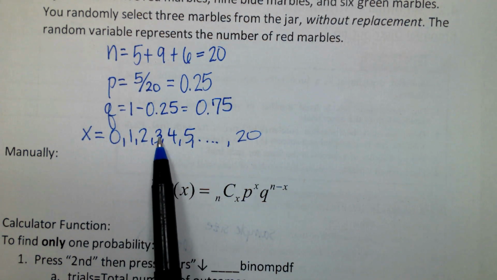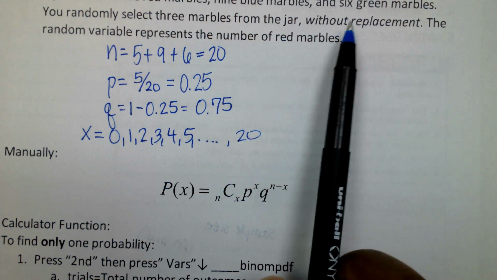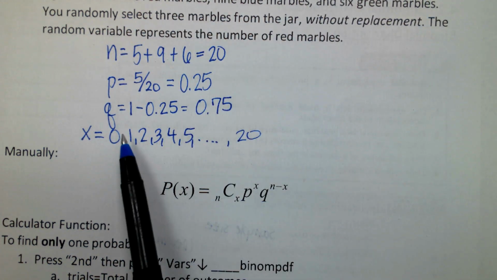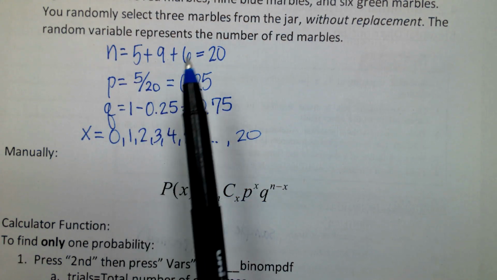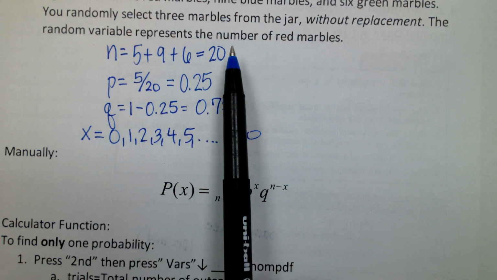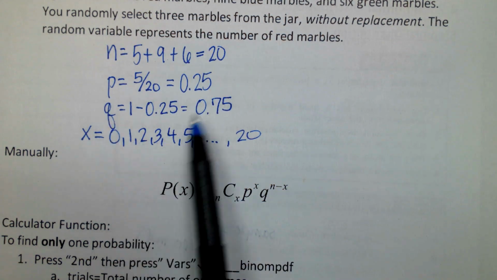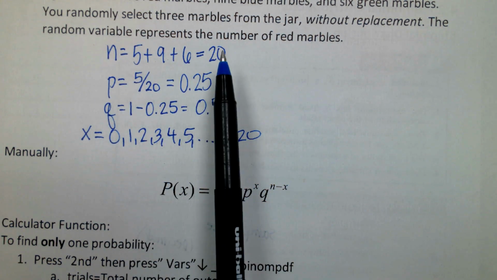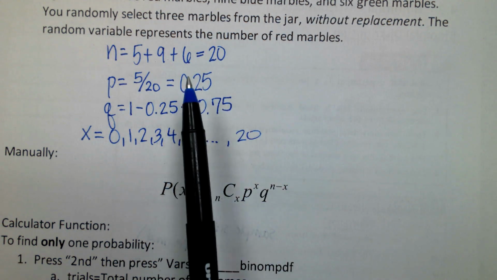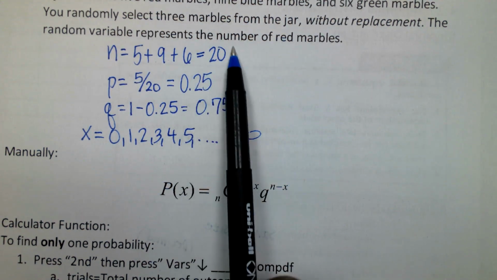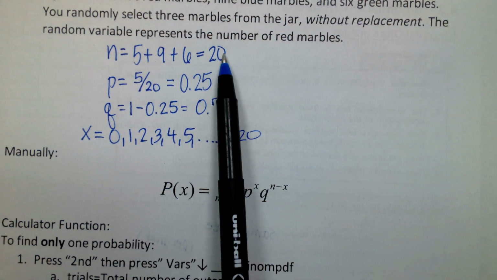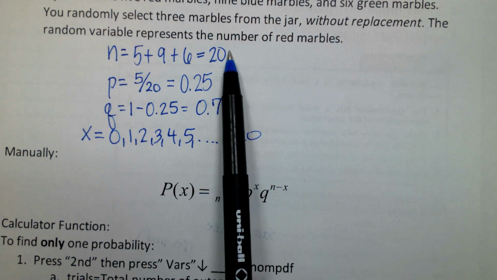Here's the issue. They state that they're not going to put the marble back. So if we take marble number 1, we're good. It's when we take marble number 2 where we have the issue. When I take marble number 2, I no longer have 20 marbles because I didn't put that first one back. I didn't put that first red marble back.